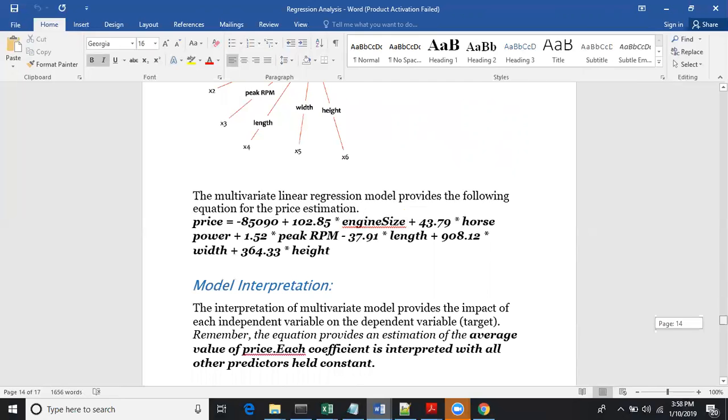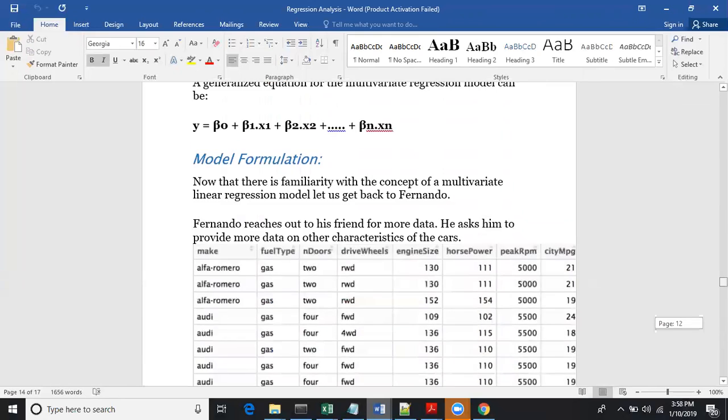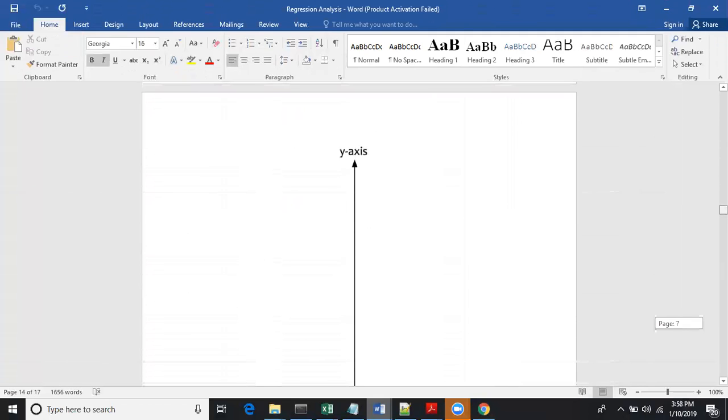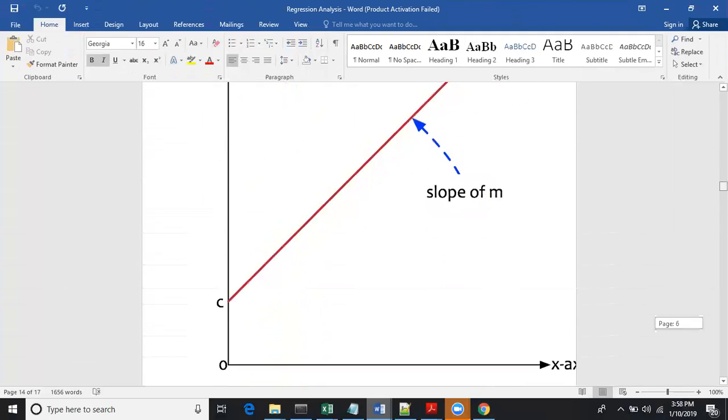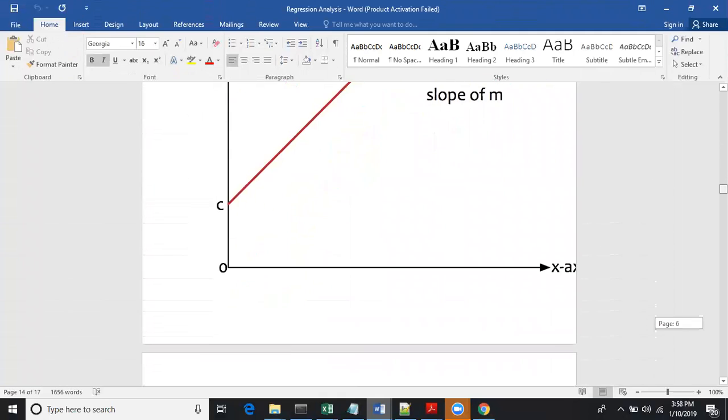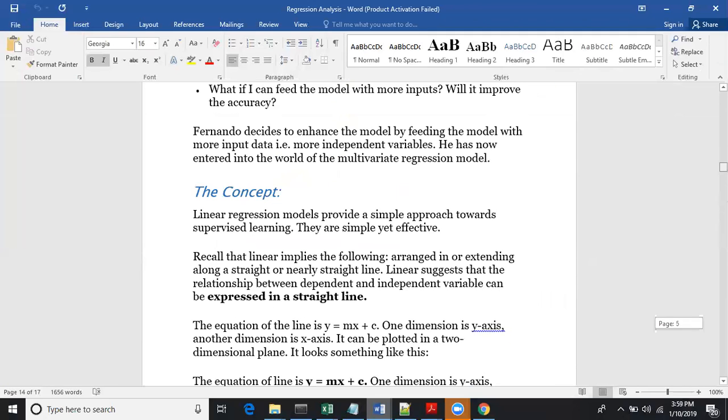That's how it is done for every column or feature: change in y, meaning change in target, when there is a change in the second variable, and so on for all the components.